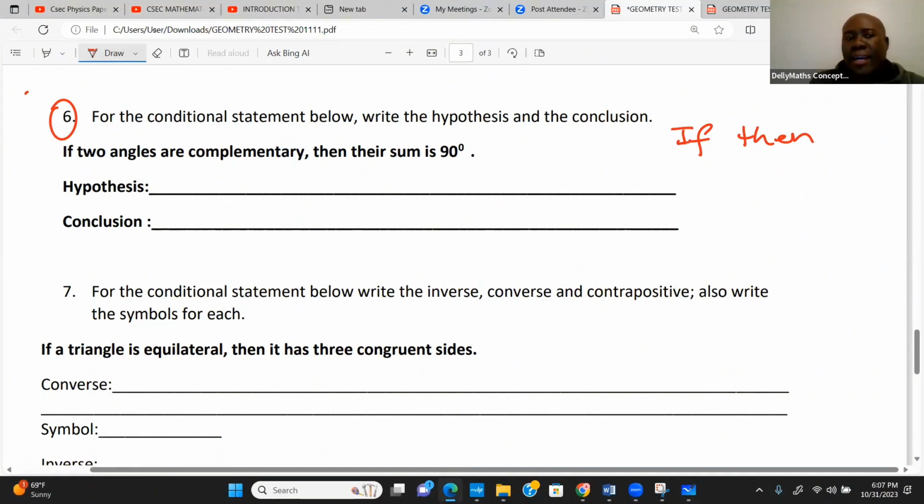Now, the phrase that comes exactly after the if, for example, here, when it says if two angles are complementary, then their sum is 90 degrees. Right after the if, this part is our hypothesis. The hypothesis comes immediately after the if.